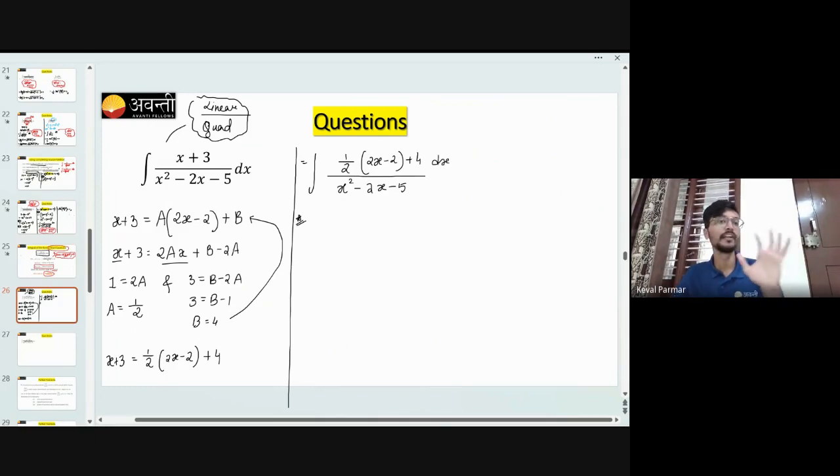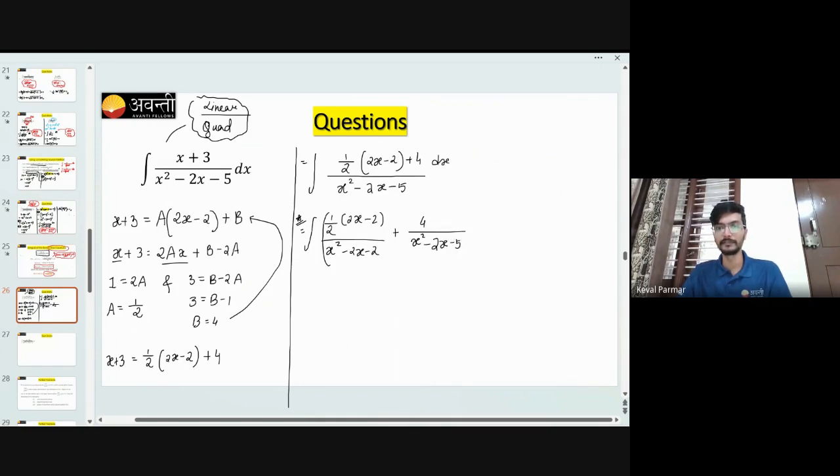We split the numerator, so I will get integration of 1 by 2 into (2x minus 2) upon (x square minus 2x minus 5), plus 4 upon (x square minus 2x minus 5) dx.